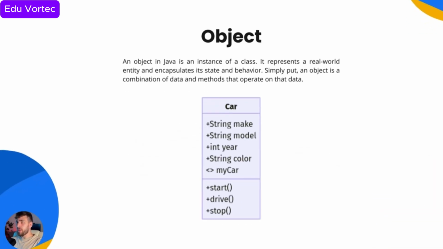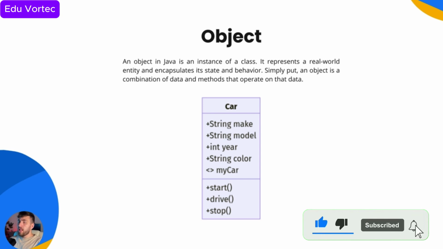Okay, so an object in Java is an instance of a class. It represents a real-world entity and encapsulates its state and behavior. Simply put, an object is a combination of data and methods that operate on that data.